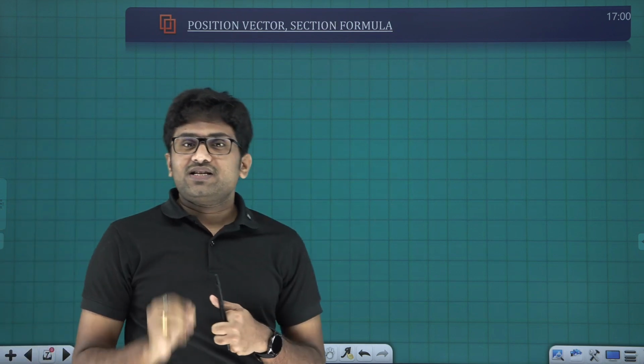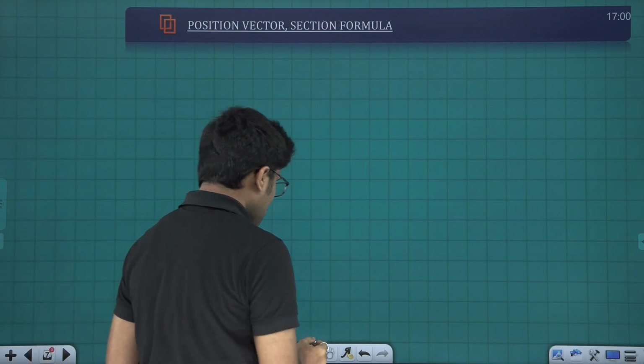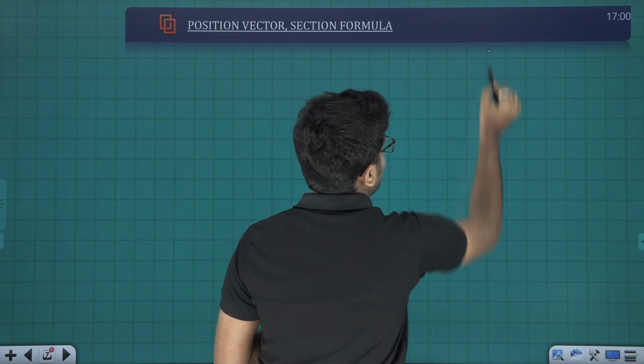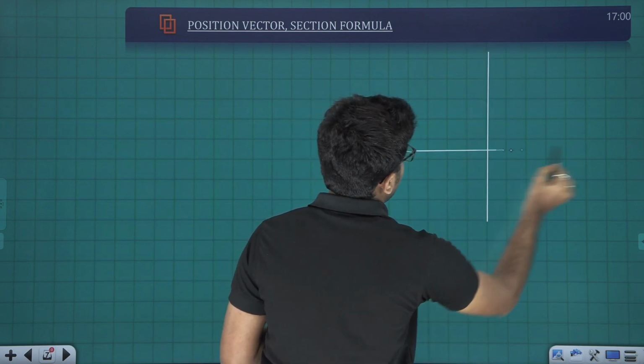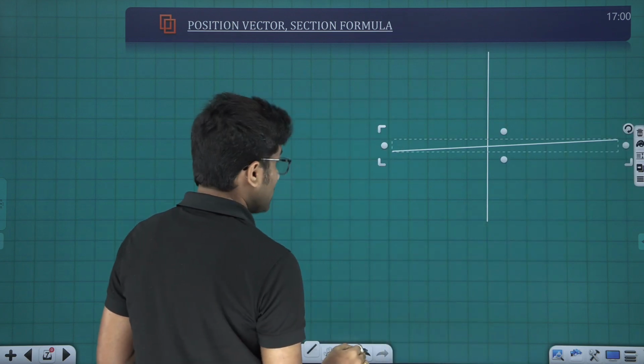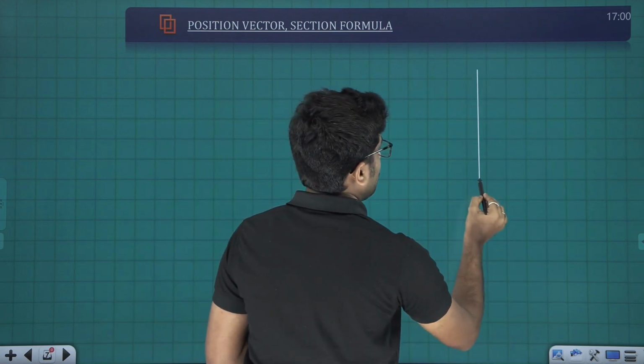Next, position vector and section formula. See, friends, let's consider OA bar.